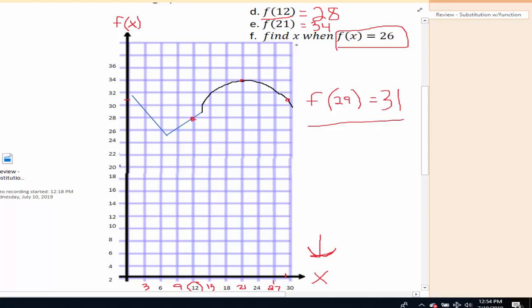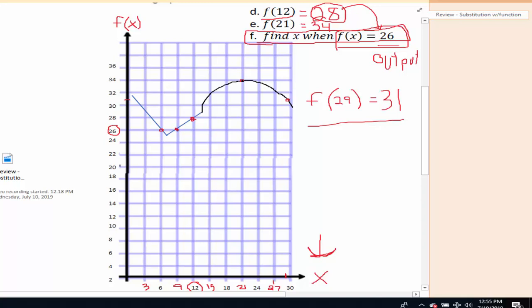Now I've flipped it here, and again, this is find x when f of x equals 26. So I have the answer here. I have 26 is in that spot. I'm trying to find the x. So I have what's called the output. What I've been calling the output is always my vertical axis. So I go to 26 on my vertical axis, and notice it actually is at 2 spots.